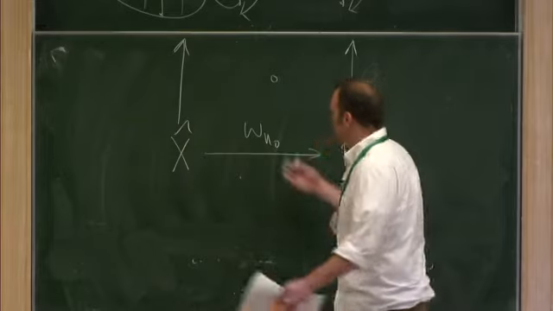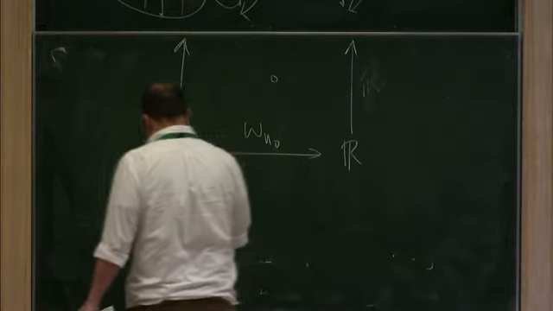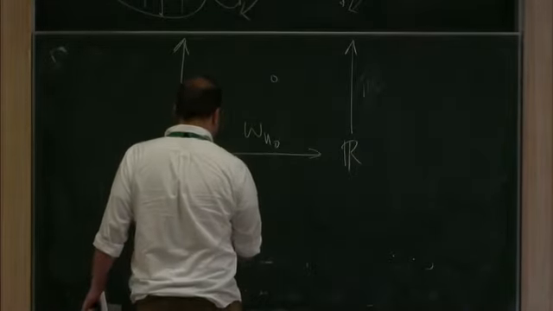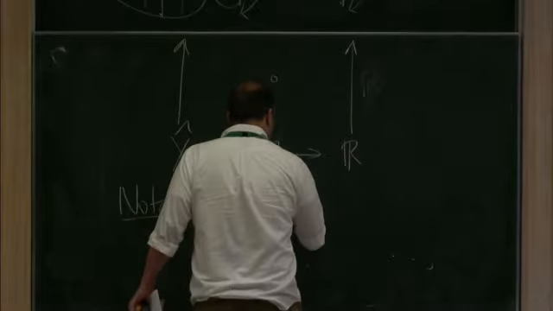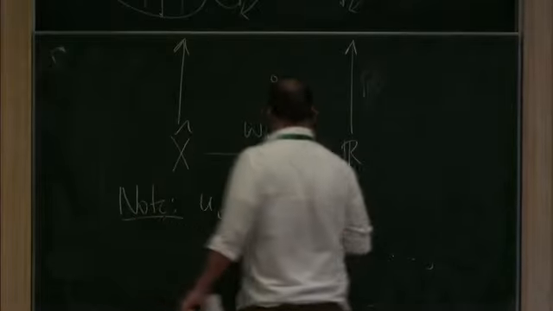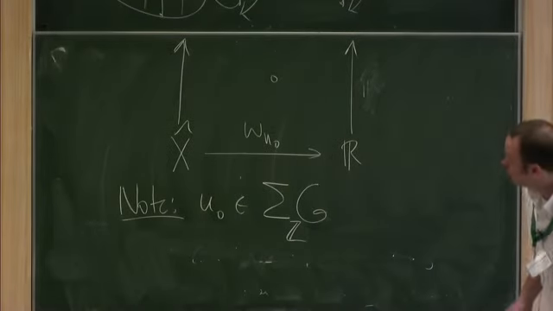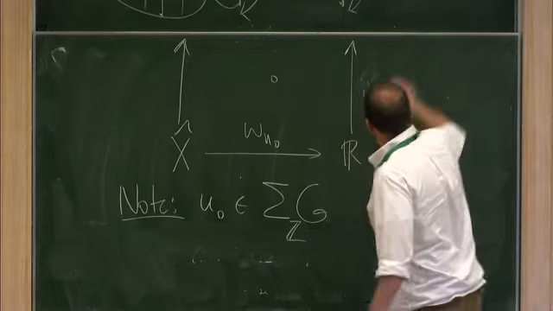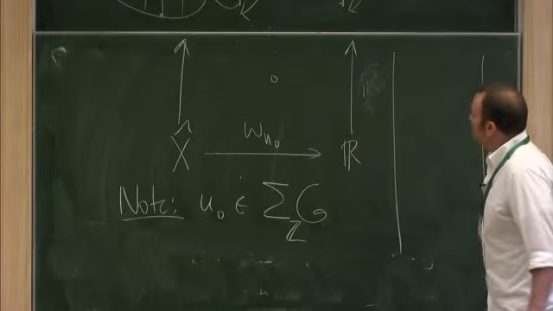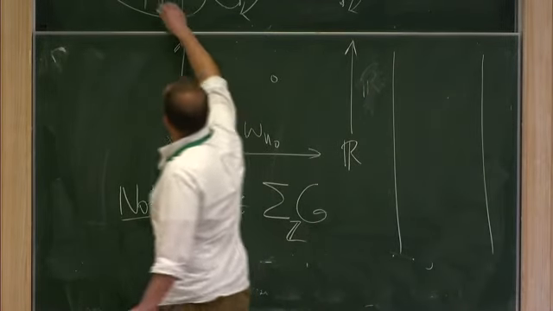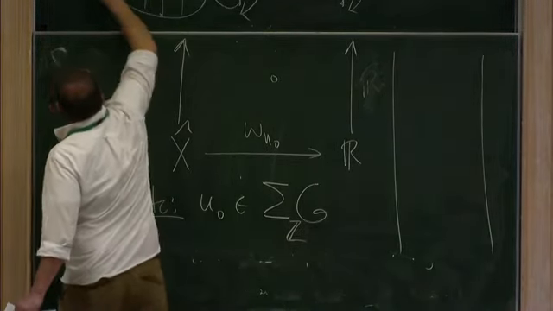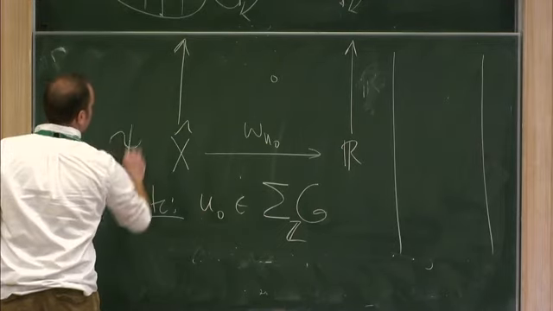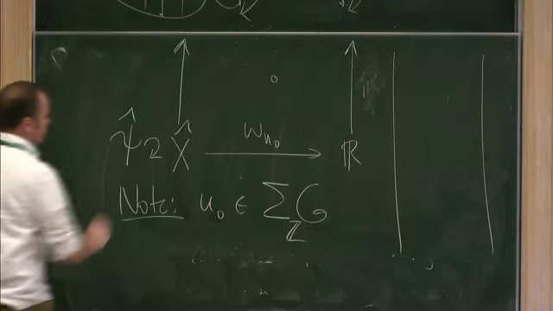And now it should be clear, hopefully, that u naught is therefore in the BNS invariant. In fact, it's the integral BNS invariant. So why is that? Well, let's just think about this picture. If I go to this cover, let me give this flow here a name, psi. I can lift the semi-flow here, call it psi hat.